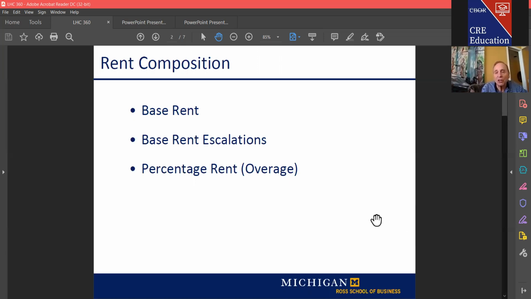The percentage of volume is figured out on a calculated formula so that the landlord can get back the funds that they work to bring the anchors in. The whole key of being in a mall is that traffic, and the anchors don't pay a lot, but they bring traffic in. So they have what's called overage rent. Overage is a certain number that's calculated on that rent composition.